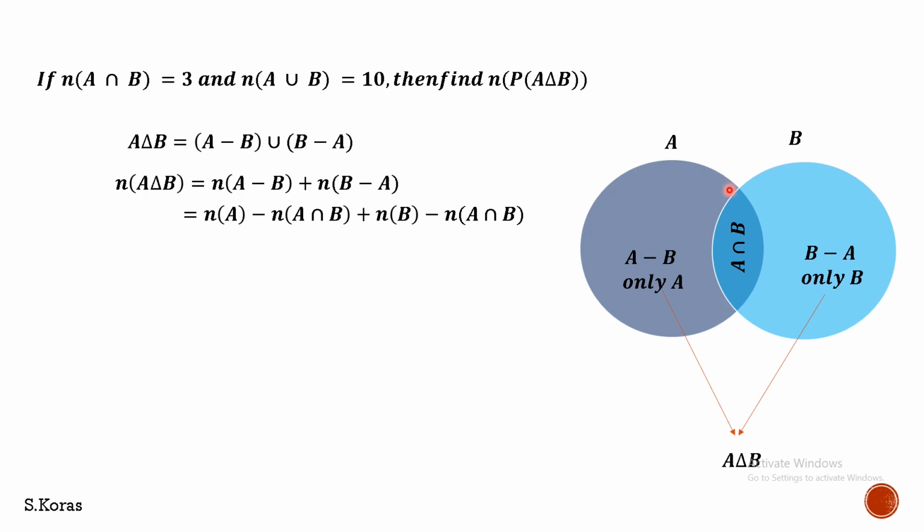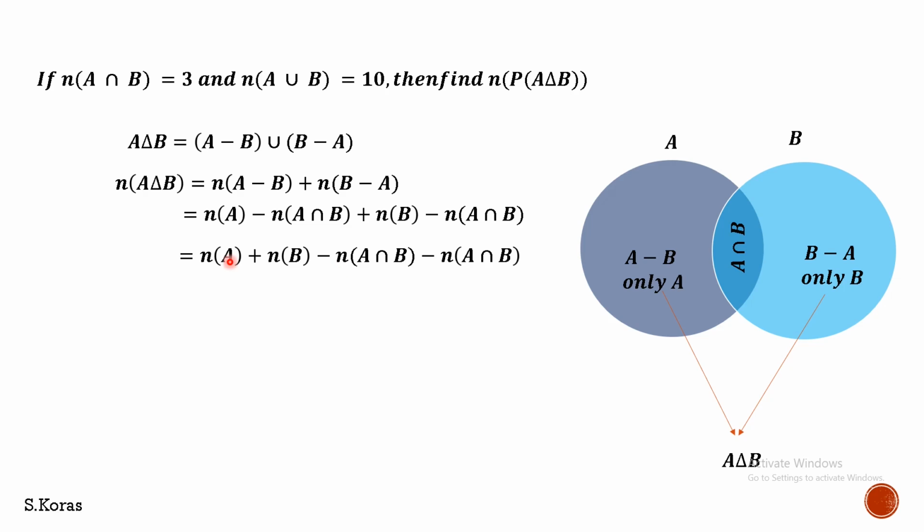So the number of elements in A difference B is nothing but n of A, this total, minus this n of A intersection B. The same way for n of B difference A, we have n of B minus n of A intersection B. Now if we simplify it, we get n of A plus n of B minus n of A intersection B, then further we can add this minus n of A intersection B. So our simplification gives like this.